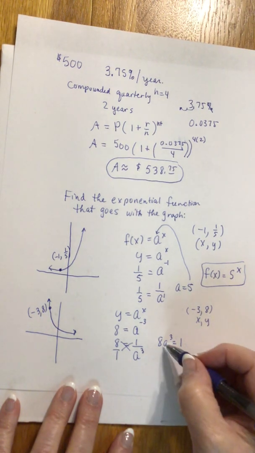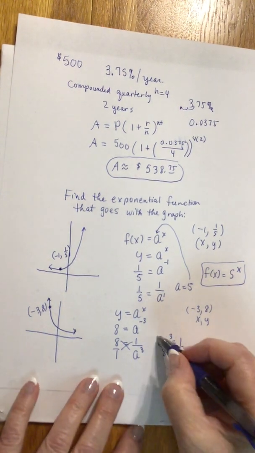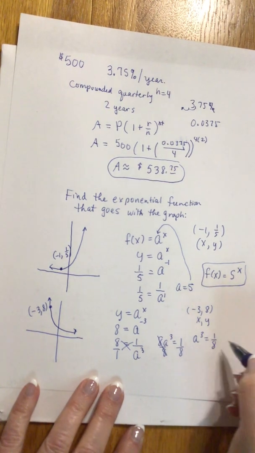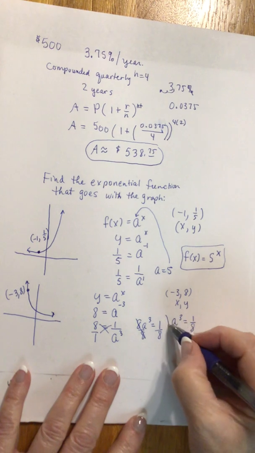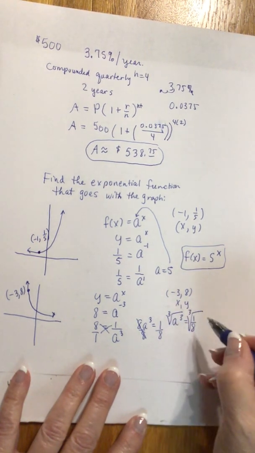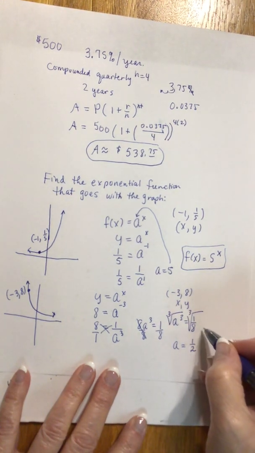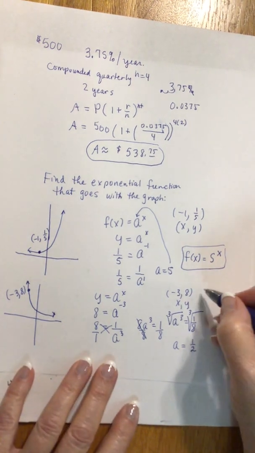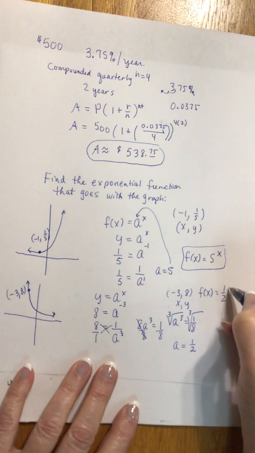So I'm trying to get rid of that 8, so I'm going to divide by 8 on both sides. The 8's cancel out, and I get a to the third equals 1/8. But I'm still trying to find a, not a to the third, so I'm going to take the cube root on both sides. And that tells me a is 1/2, because I know 2 times 2 times 2 is 8. So my final answer on this one is f of x equals (1/2) to the x.